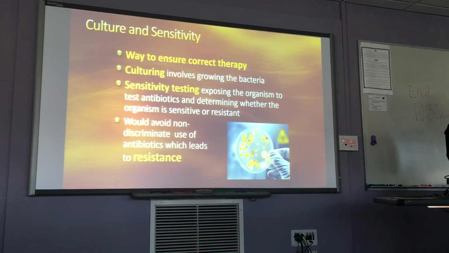And there are labs which do this. You can culture and you can send these things away. That would help us to decrease the resistance and increase the effectiveness of the antibiotic that's very specific for those kinds of bacteria. And again, sometimes we'll throw a broad spectrum antibiotic at a person that we can't seem to get a handle on, but mostly we want to do it very sensitively.